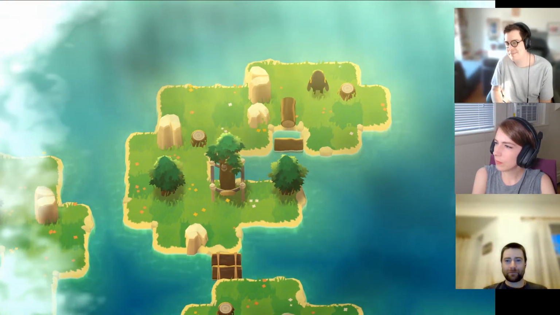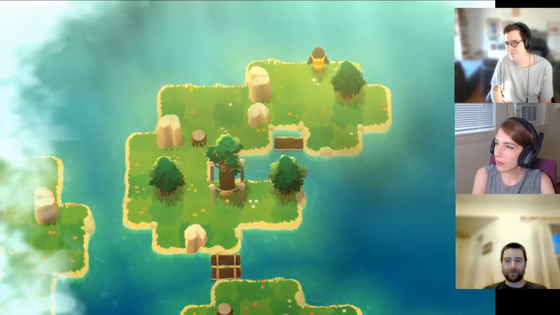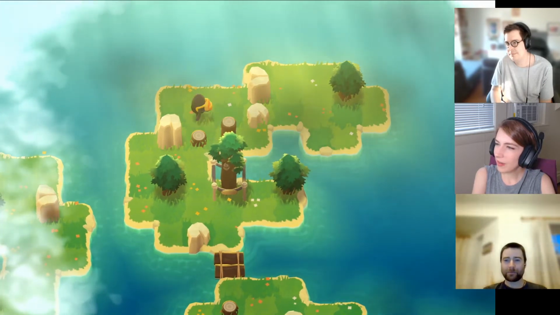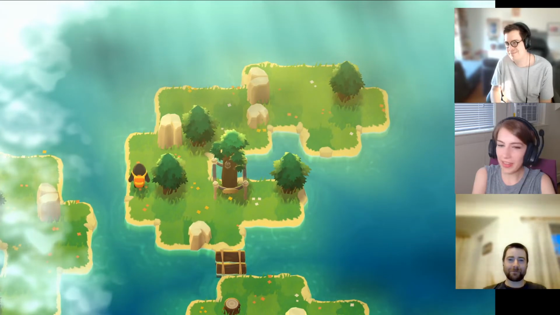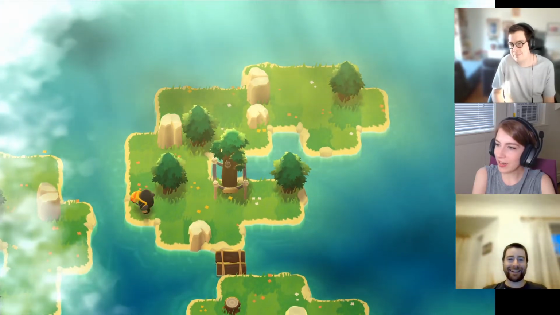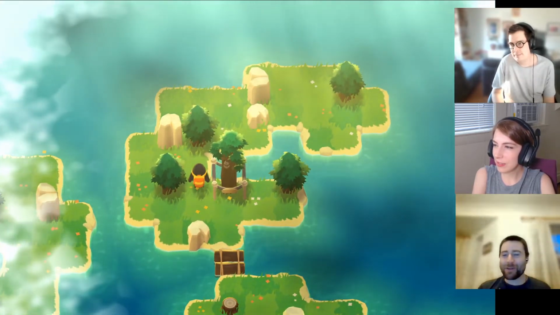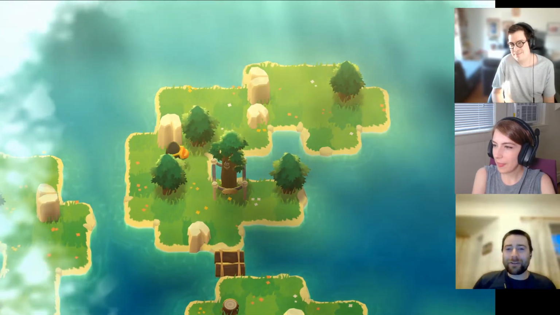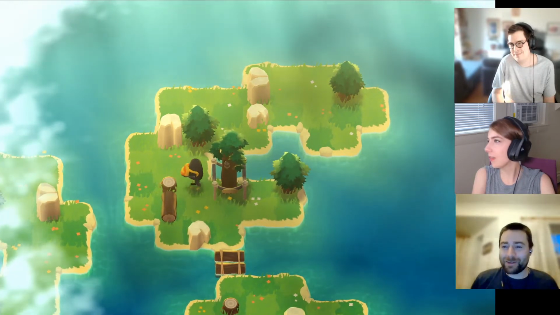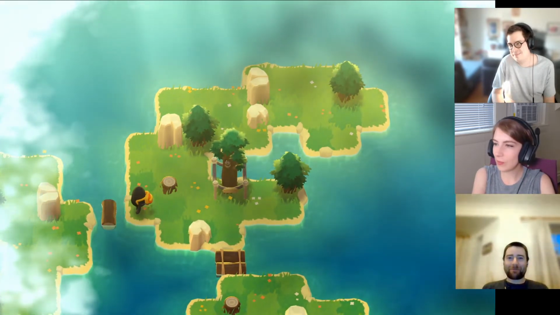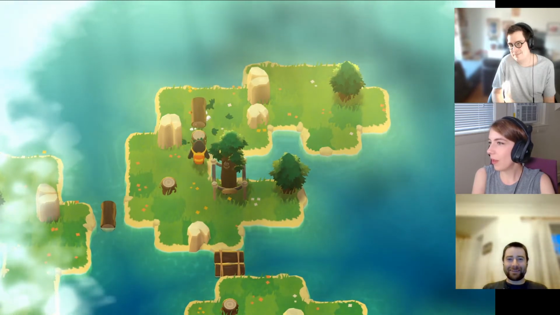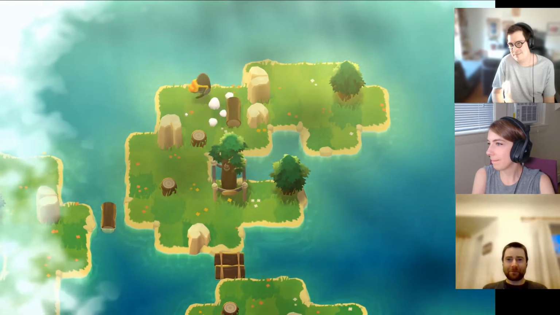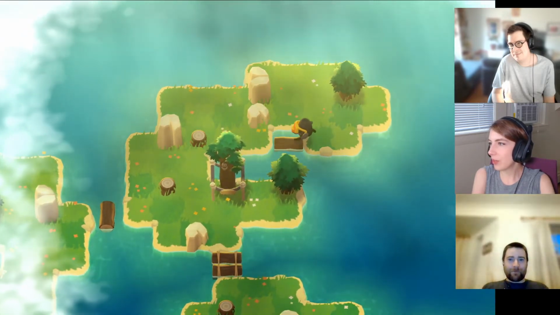Wait, what? What am I doing here? Why did I do this? What are you doing? I don't know. I felt like I wanted to go over there and get that tree, but I don't know why. I wanted to get it because it was there, but it doesn't really make much sense. Listen to the level design. The level design knows more than your brain does. Because going this way should be... But why? I feel like I should go over here.